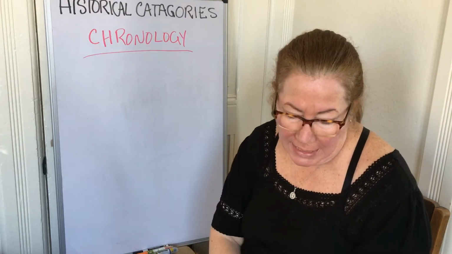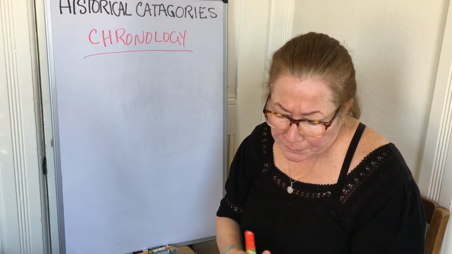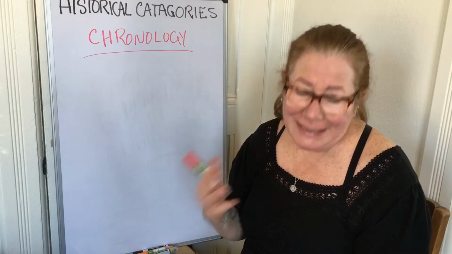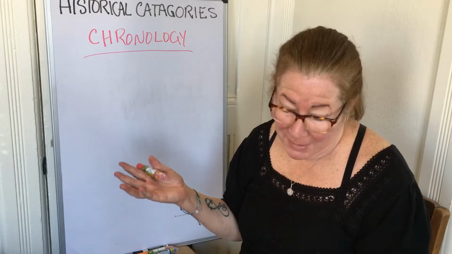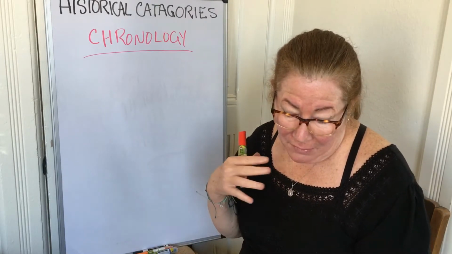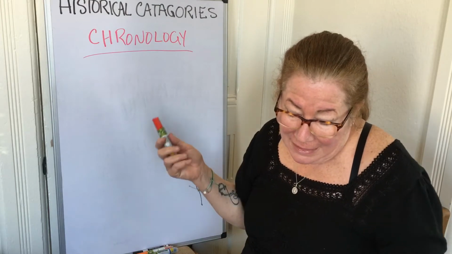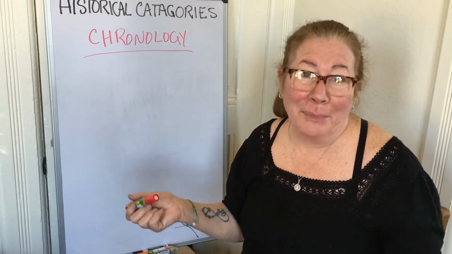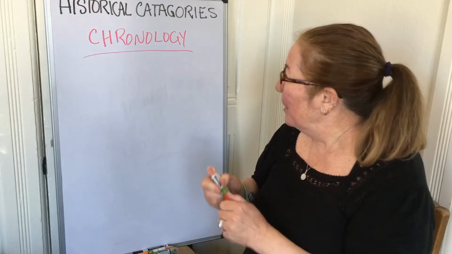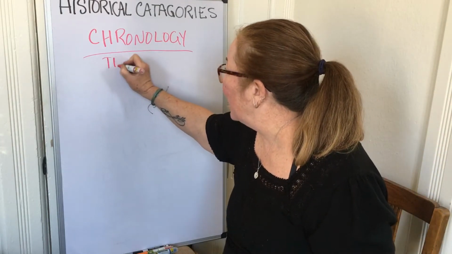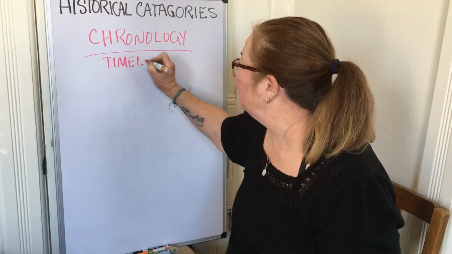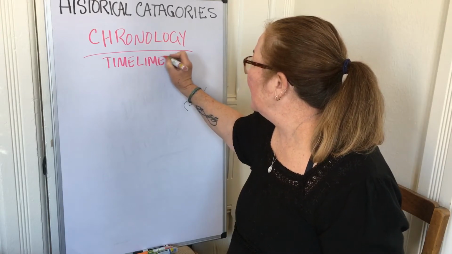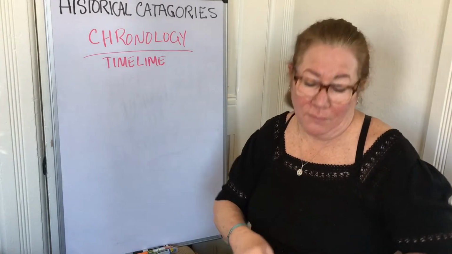That's how we're dating things. We're measuring a scale of historical time, or even more basically, a timeline. I think that's probably the easiest way to put it in everyday terms.